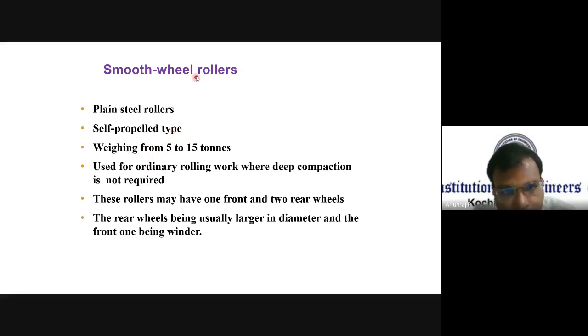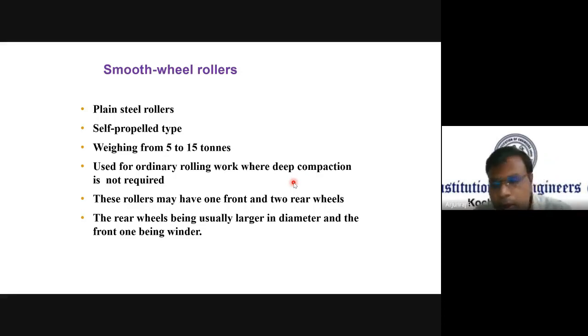The weight of this roller can vary between 5 to 15 tons, and these smooth wheel rollers are used for ordinary rolling work, where you do not need deep compaction. Maybe what I can say is, the deep compaction is the sense of the depth you have.